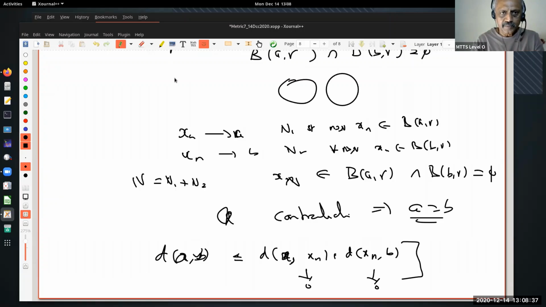And then limit points, sequences, their convergence. What is next? Continuity. We will define continuous functions, look at all these examples and prove a few results about continuous functions. And for the time being, the series will stop.